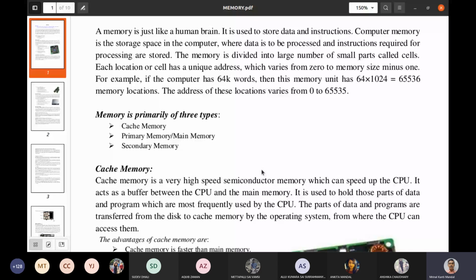Cache memory, this is basically a very high speed memory circuit which is being used in computer or any electronic system where the information processing or some sequential operation is needed. In cache memory, its speed is very high, and basically in computer it interacts with CPU.